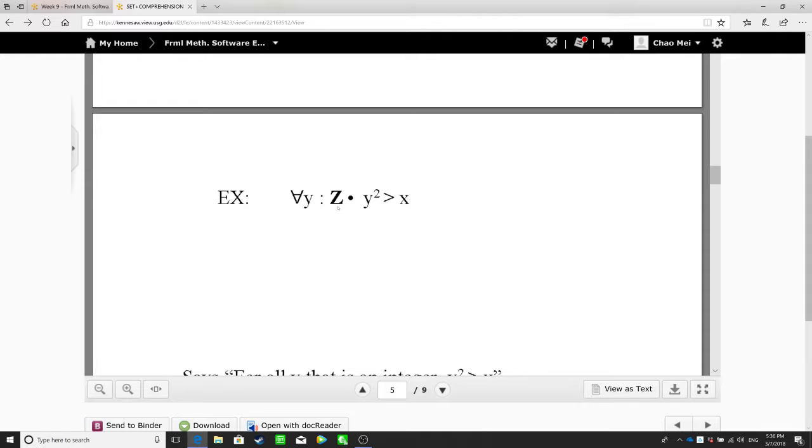Anything squared is greater or equal to 0. Remember that? But if x is a negative number, this is going to be true, right? So it all depends on this x.